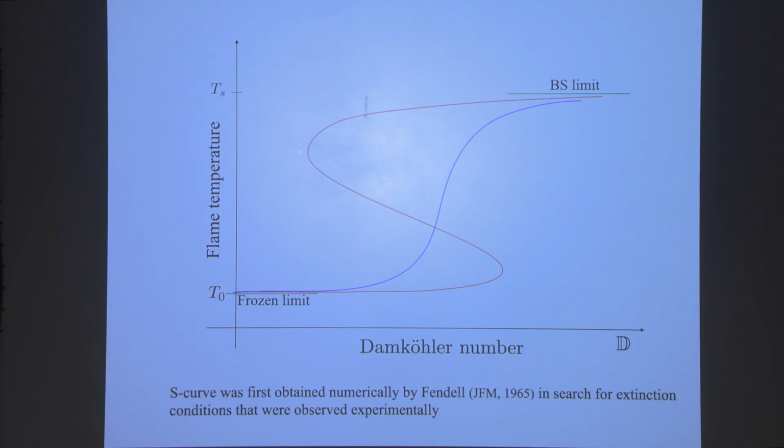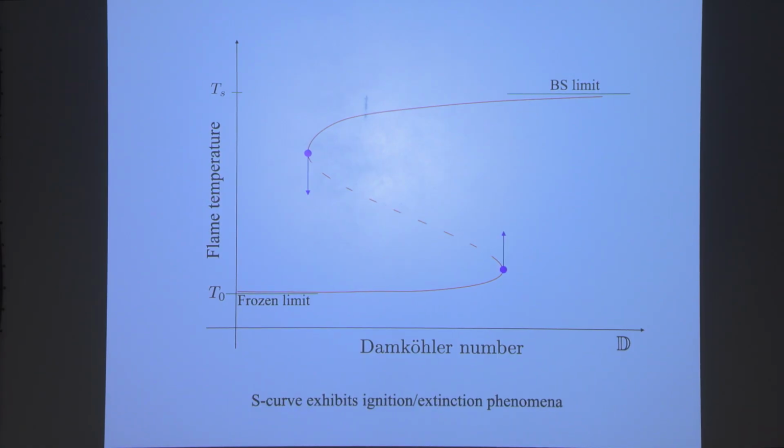But what happens here and here is really ignition and extinction. When you have a weak burning, keep on being weak and weak as you keep on increasing D, there comes a point here that the only solution has to jump to the upper branch, and the upper branch is very intense burning to the extent that it eventually goes to the complete burning of Burke-Schumann.